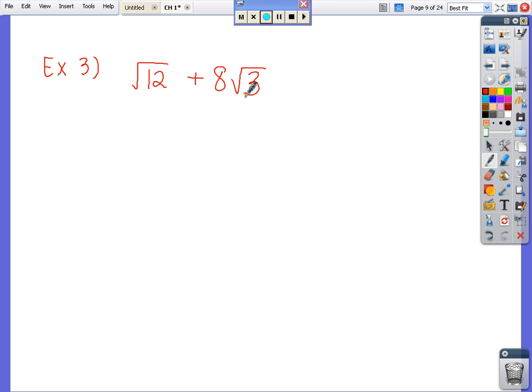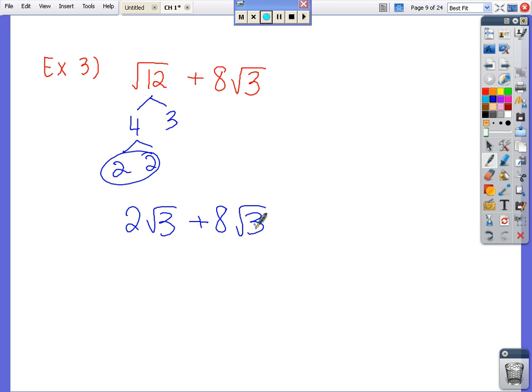You can't add them unless the roots themselves are the same, and I'm sure you all know that. So we do 4 times 3, that's 2 times 2. So that's 2 root 3 plus 8 root 3. And now because the root 3's are the same, we can add them together and get 10 root 3. Otherwise, we could not add until the roots were the same value.